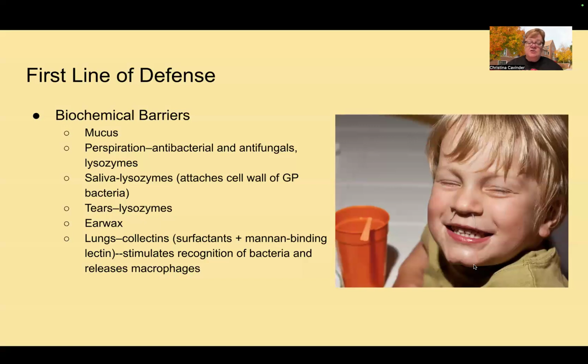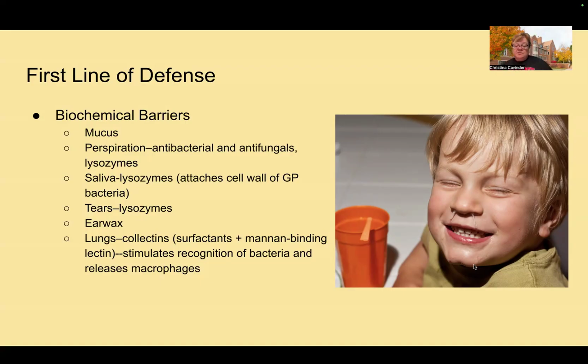Perspiration, so sweating, actually has an antibacterial and antifungal agent, or lysozymes, and those lysozymes break down different bacteria and other infectious agents. Saliva also contains lysozymes, and these attach to the cell wall of gram-positive bacteria. Tears also have lysozymes, so they help protect your eye.